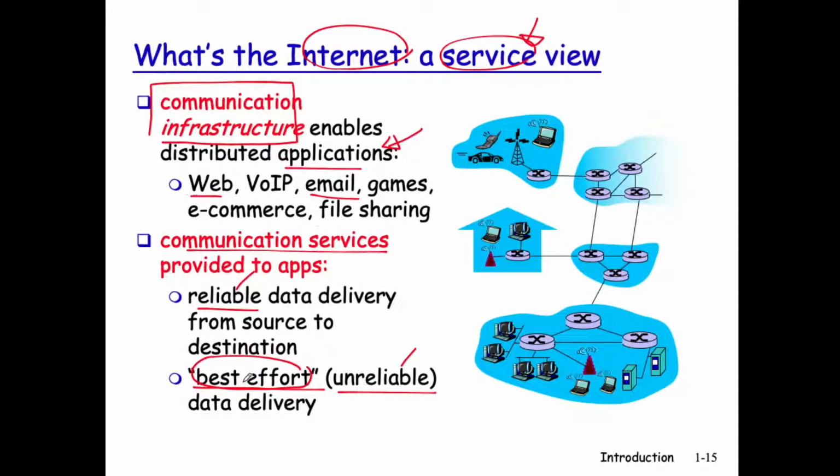This is a polite way of saying that, hey, there's no guarantee. If you recall cases where your friend asks you for a favor, but you don't have time for it, a lot of times what you say to your friend, politely, is, I'll try my best. So that's what we mean here by calling these unreliable data delivery services the best effort services.